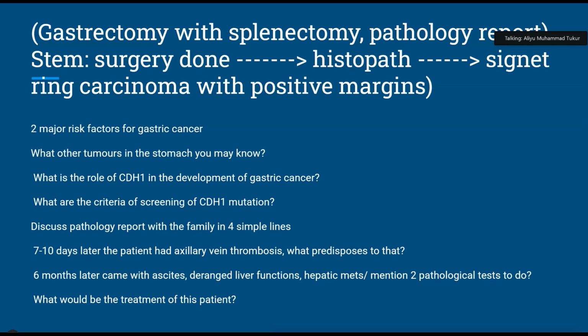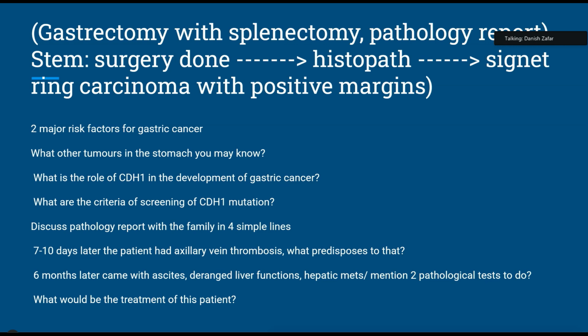Then I may also do an abdominal CT scan that can show me the presence of the ascitic fluid and the liver metastasis with the features of umbilication on the liver as metastatic features.